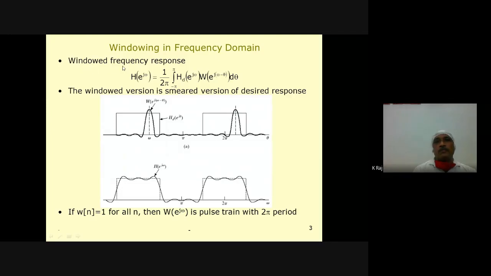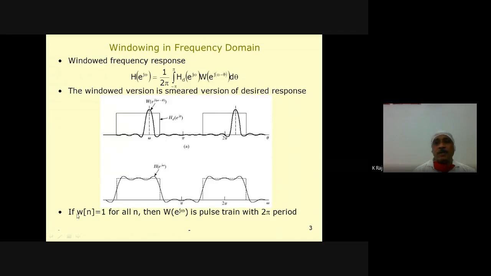Here the windowed frequency response is given in this manner: 1 upon 2π, integral from minus π to π of Hd(e^jθ), that is the frequency response, multiplied by the window function that is shifted by θ, that is W(e^j(ω-θ)), and then naturally dθ. The windowed version is a modified version of the desired frequency response, the smeared version of the desired frequency response.